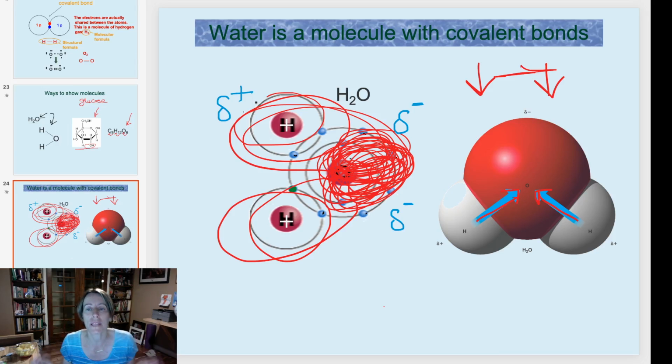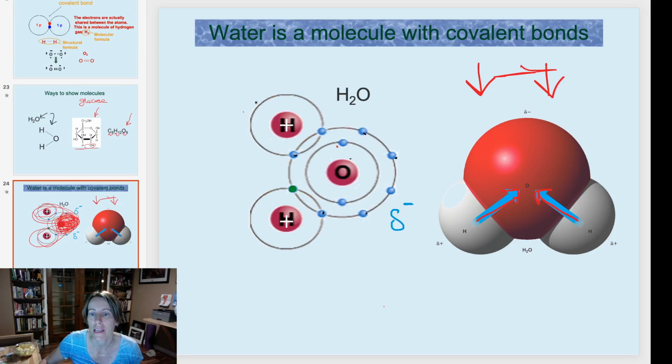It's not a complete charge, so it's not correct to say, I've lost my pen here, hold on. So what's not correct is for me to say that this is negative and this is positive. If that was true, then we'd say a whole electron has been moved over and gone forever from the hydrogen, but that's not true. It's just not being shared very fairly.